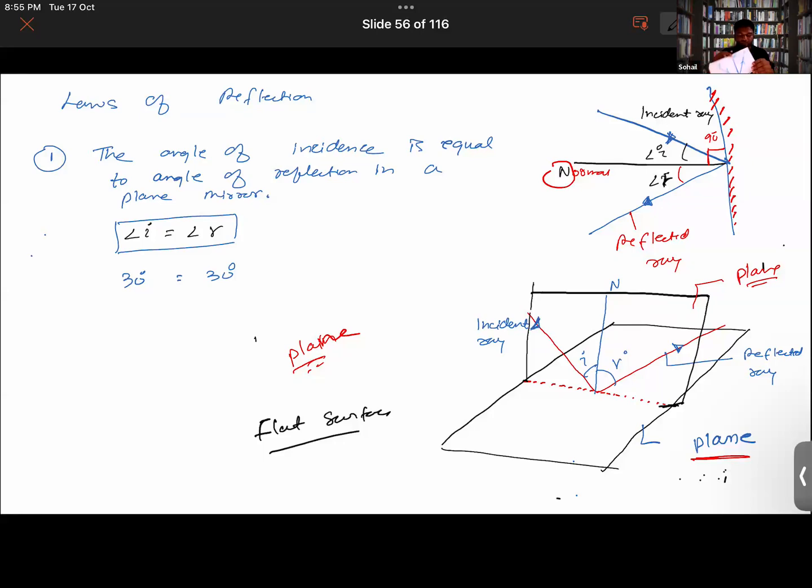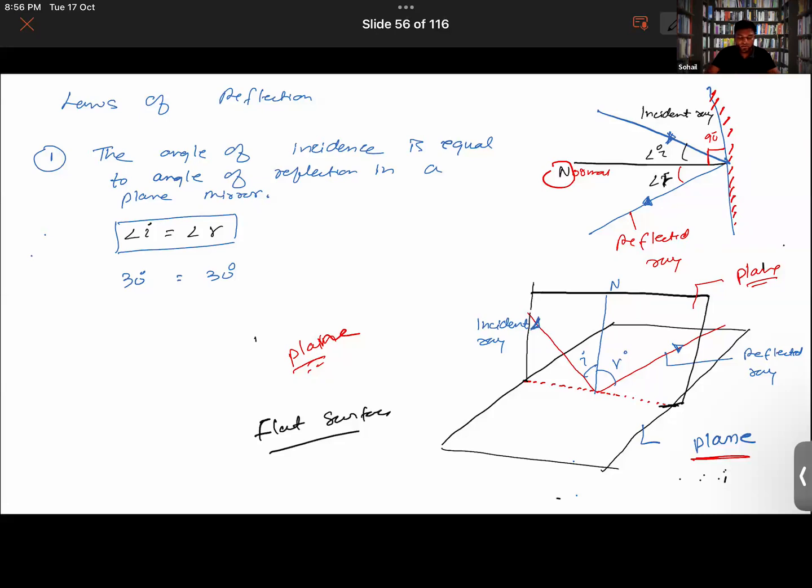That is clear. So when there's a reflection of light rays from a plane, the incident ray, the normal and the reflected ray will all lie on a plane. You can imagine this is a plane on which the incident ray, reflected ray and the normal are lying.